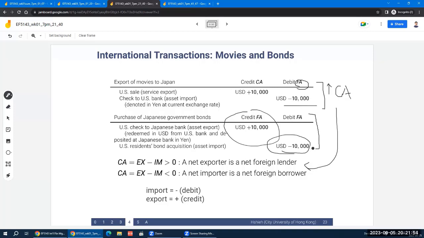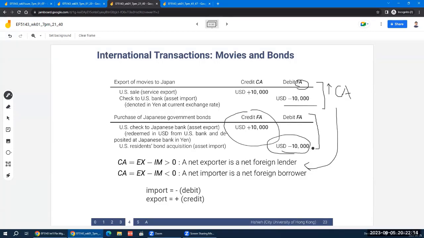I've intentionally left out a key variable in the definition of current account because I think it might confuse people. The current account actually is supposed to also capture interest payments and dividend payments. Okay, so return on investments, in other words. Returns on investment should also be included in the current account as a positive.